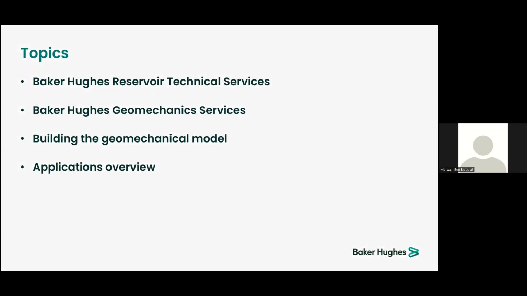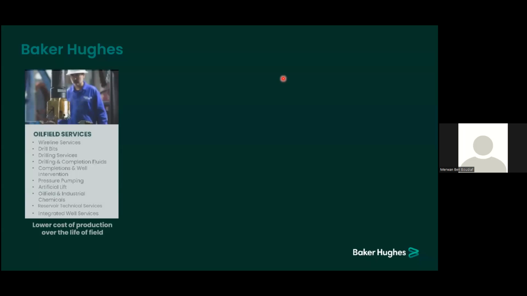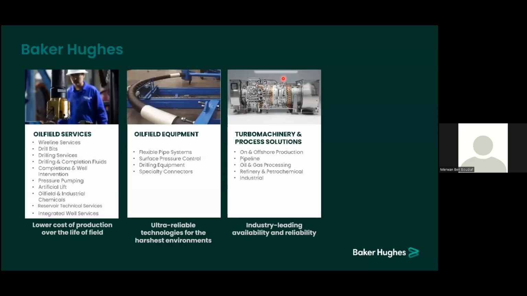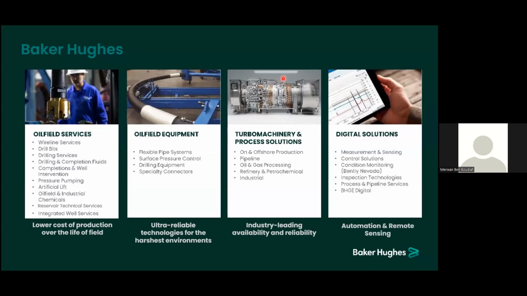So let's start with the introduction of Baker Hughes company. Baker Hughes is mainly composed of 4 product companies, as we call them. Baker Hughes is first of its kind, what we call a full stream service company. It means we are providing services at all levels of the oil and gas industry: the upstream, midstream, and also downstream.